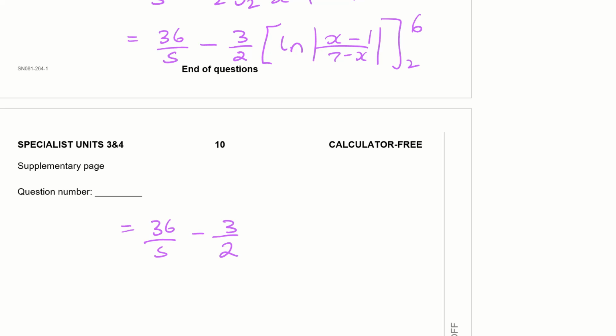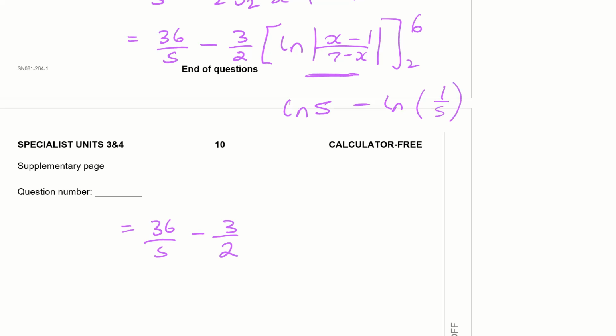And that gives us 36 over 5, take away 3 over 2 times this one here. If we put 6 in, that is ln of 5 over 1. If you put 2 in, that is ln of 1 over 5.